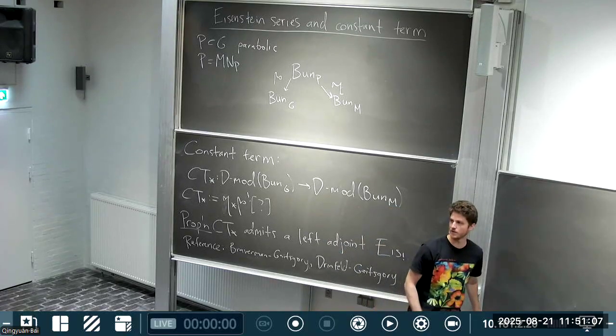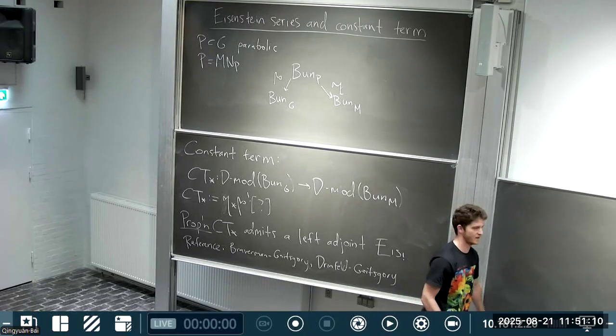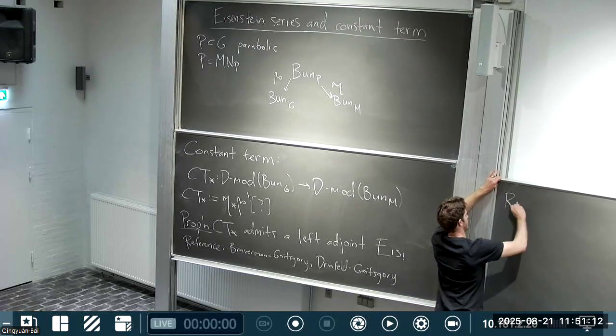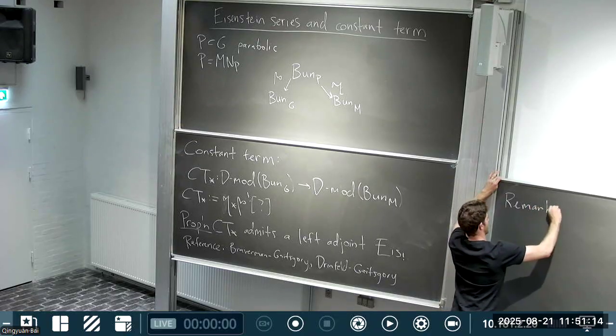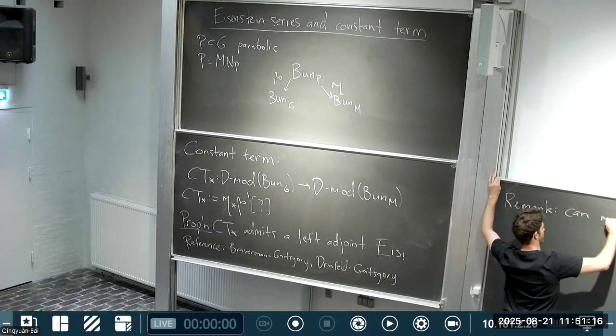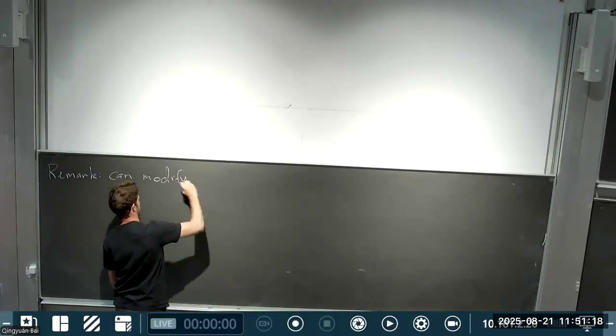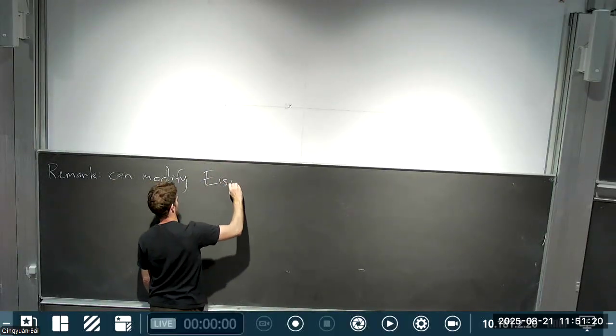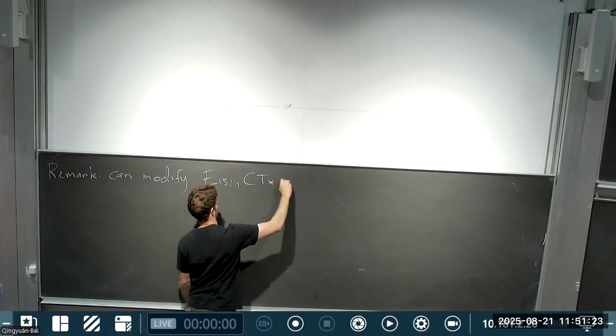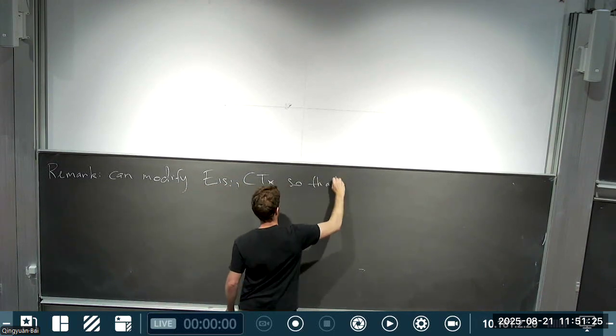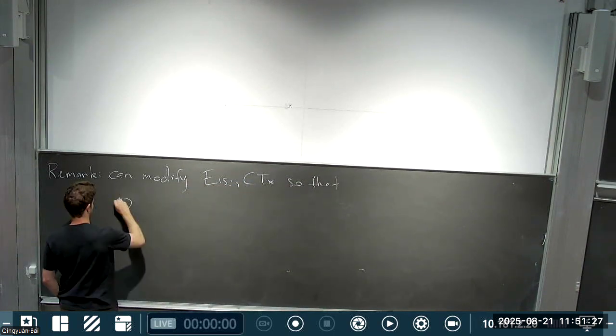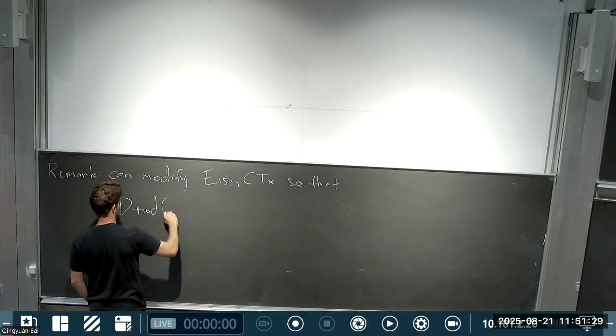Any other questions? Okay, and another remark here, sort of an aside. We can modify these adjoint functors so that they're really an adjunction on the twisted categories.